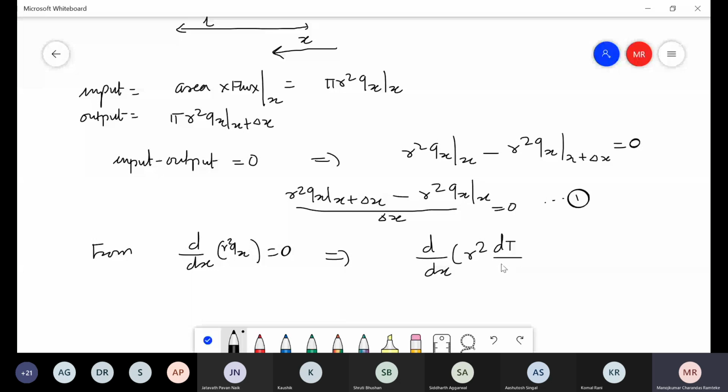So d by dx of r square dT by dx equals 0. Doesn't matter, k and the minus sign we can get rid of, because the right hand side is 0. We are assuming k constant.